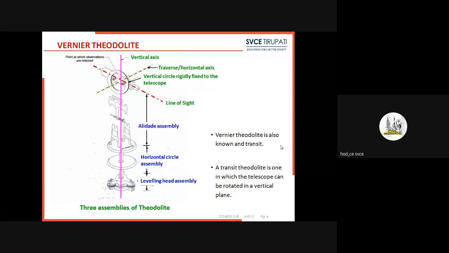And the leveling head: on the leveling head we have 3 foot screws, between the leveling head and the level condition. Okay, and one of the graduations is the horizontal circle. See here, the horizontal circle and vertical circle are fixed, right? And it has 2 plates. One is the main scale plate and another is the vernier scale plate.